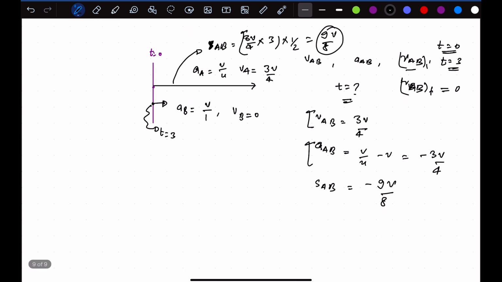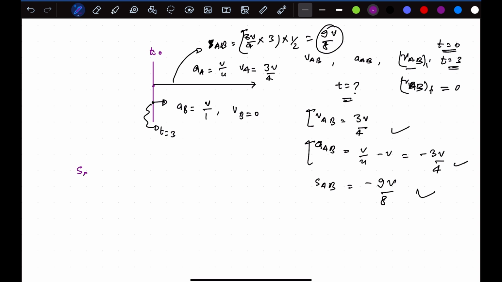Now, look here, in the relative frame it becomes a constantly accelerated motion. So I can apply the equation of motion and find out the time when the chase will end. The displacement of A with respect to B is equal to u_AB t plus half a_AB t square.